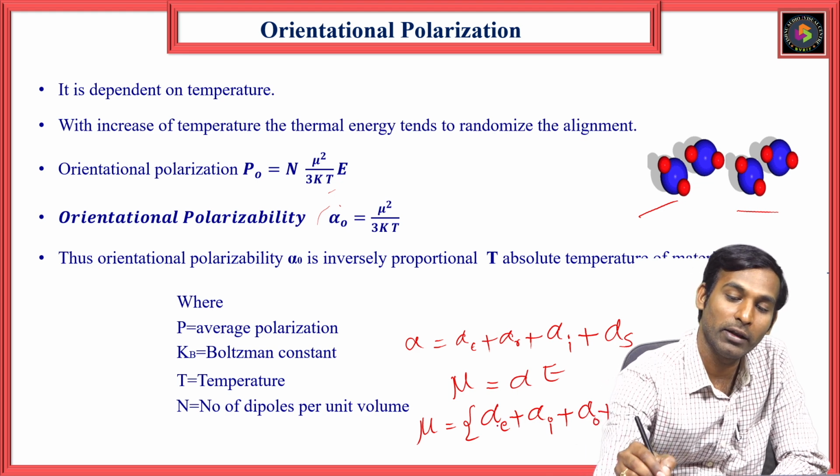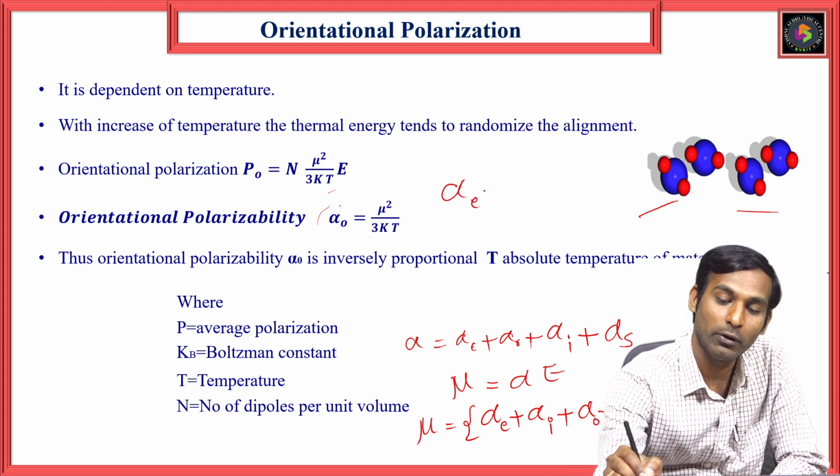So what is our alpha E equation? Alpha E is equal to 4 pi epsilon naught into capital R cube. This is the alpha E equation.